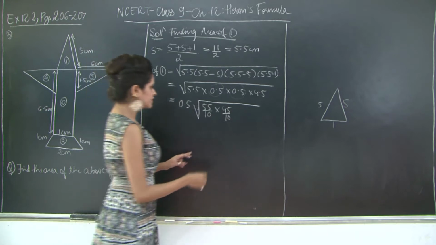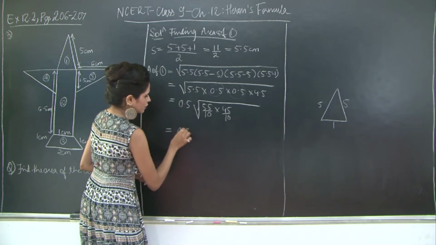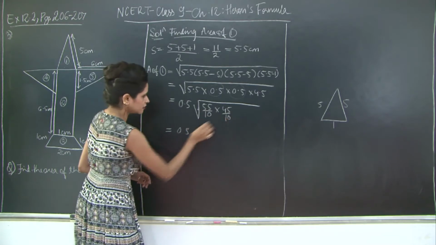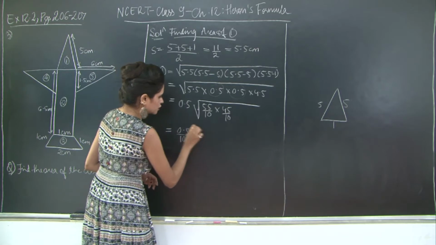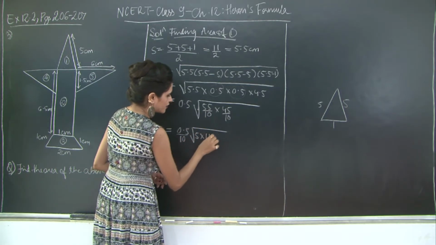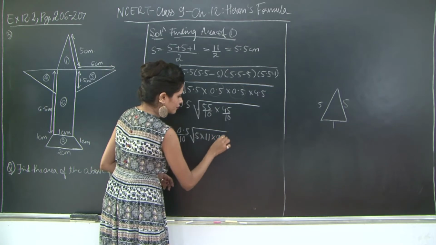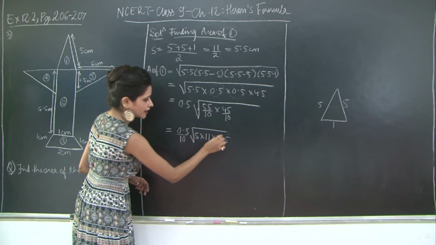So, let us split 55. This is 0.5 and one of the 10s will come outside. You have common terms here. So, 0.5 upon 10 into 55 can be written as 5 into 11 and 45 can be written as 9 into 5, right. So, here you have 2 5s and you have a perfect square 9.